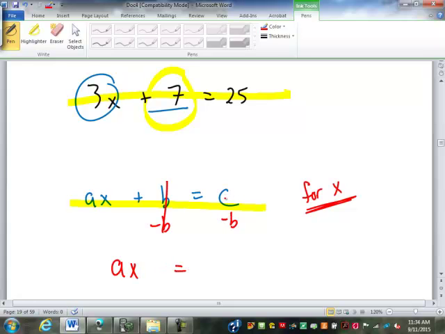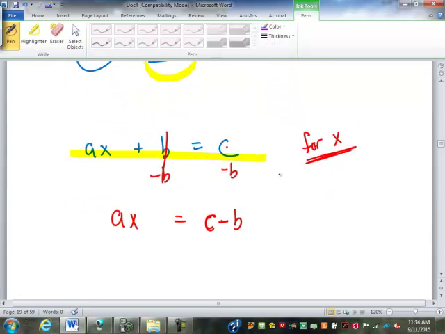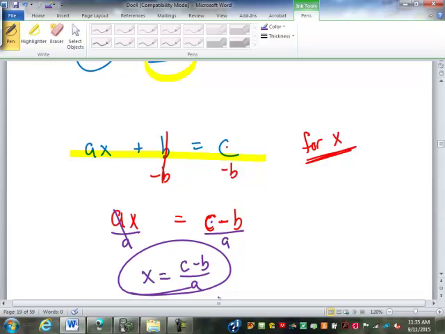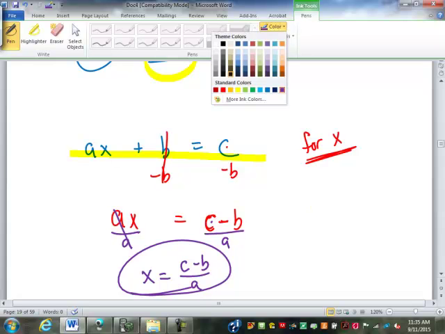It's a little bit different though, in that c minus b is just c minus b. You can't combine them. Next, x has been multiplied by a. We're going to divide by a to get rid of it. x equals c minus b divided by a is just c minus b over a. And that's it. All done.